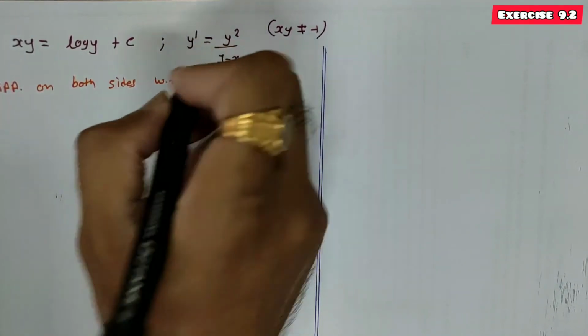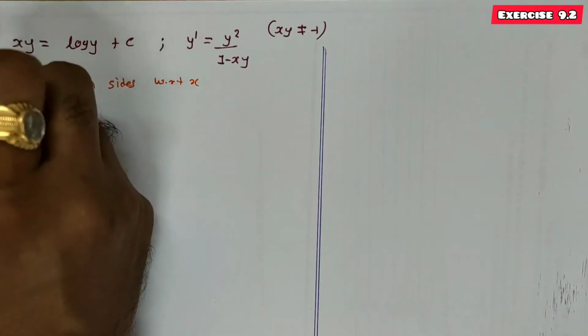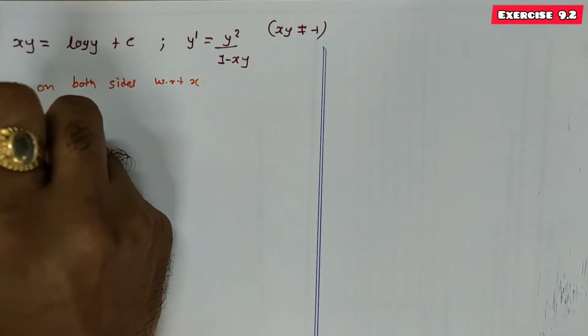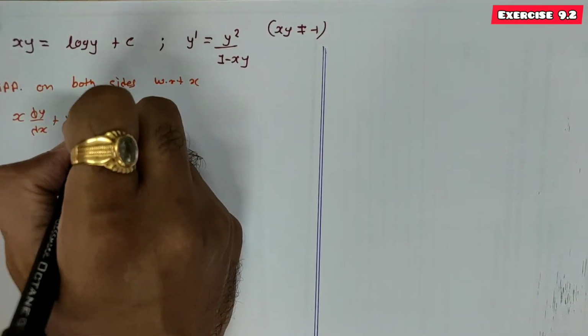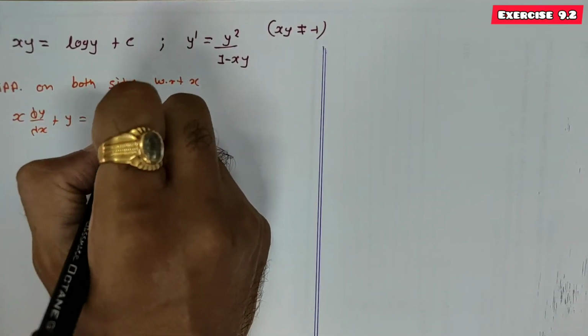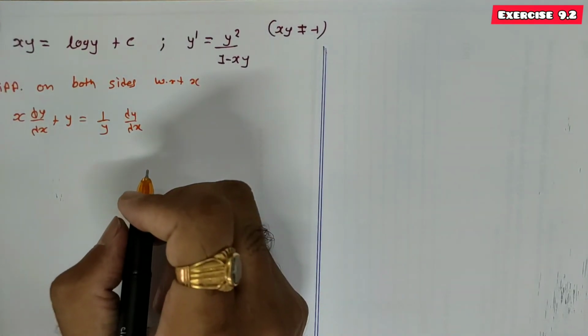with respect to x. So differentiation of this xy is x dy by dx plus y equal to, log y is 1 upon y dy by dx plus 0.